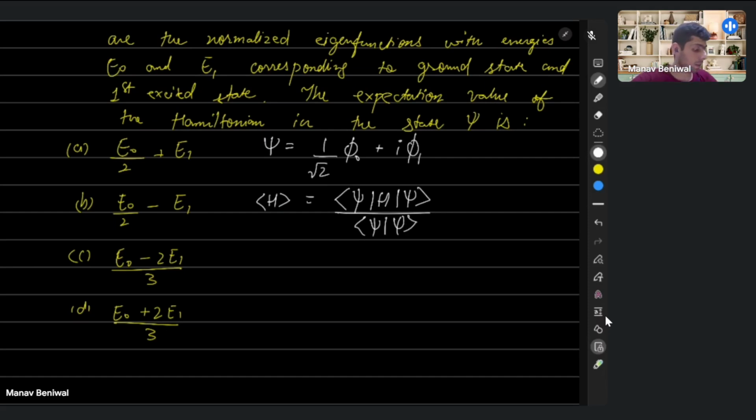So this is the normalization of psi, and this is the average, which is what we defined in the previous problem. This is nothing but the integral of psi star psi, or mod psi square dx from minus infinity to infinity, and if this is normalized then this is just 1.